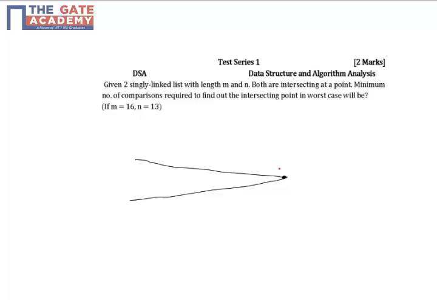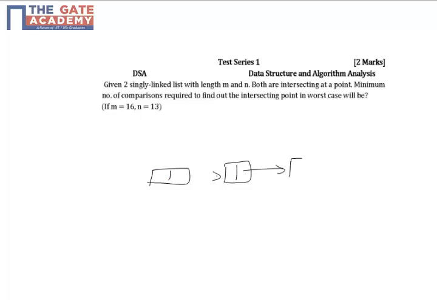Let's say, as a simple example, this linked list has 5 members. Linked list 1, L1, is starting from here, and L2 is starting from here. List 2 starts from this particular node.